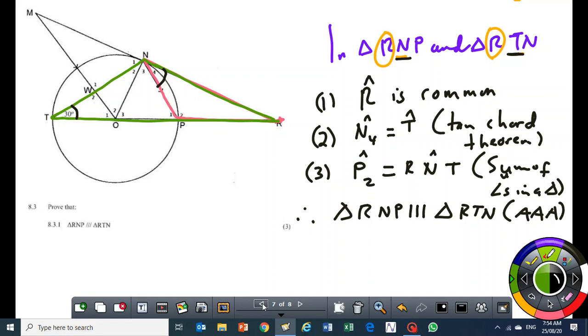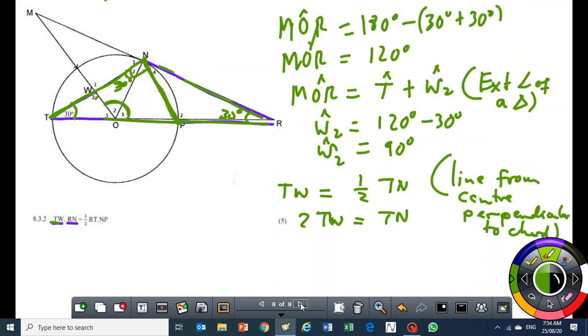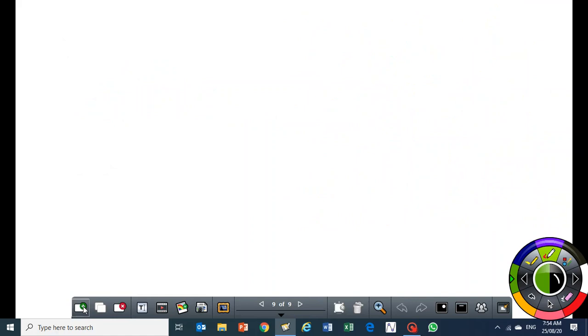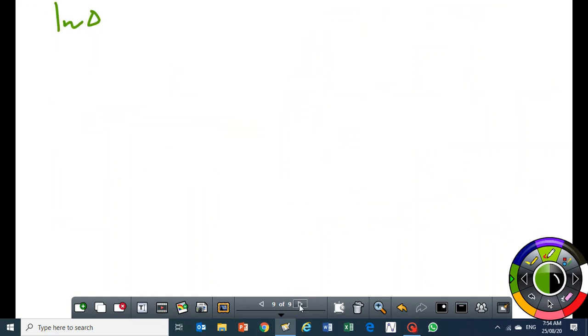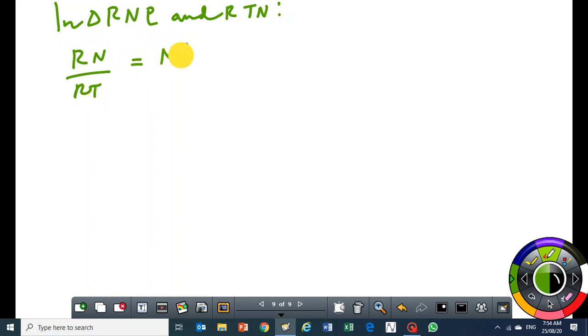So I'm going to write the ratios of their corresponding sides. In triangle RNP and RTN, we are going to have RN over RT is equal to NP over TN.